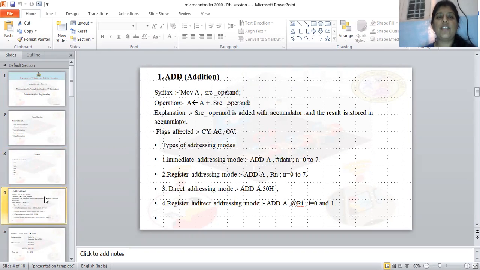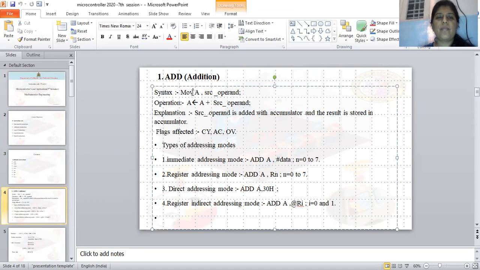Consider the addition instruction, that is ADD. That means ADD A, source operand.